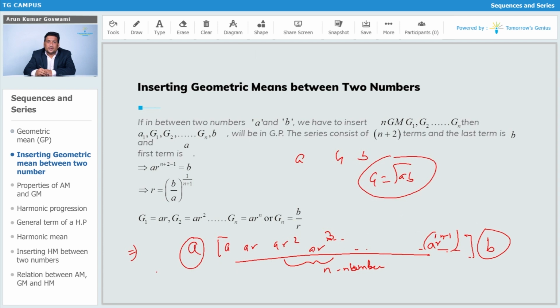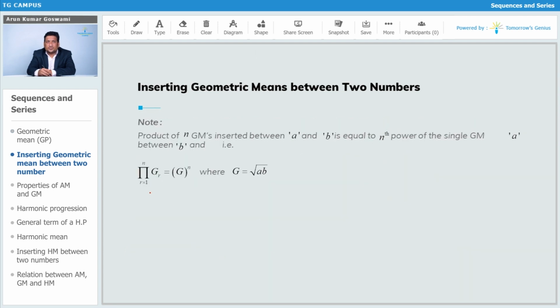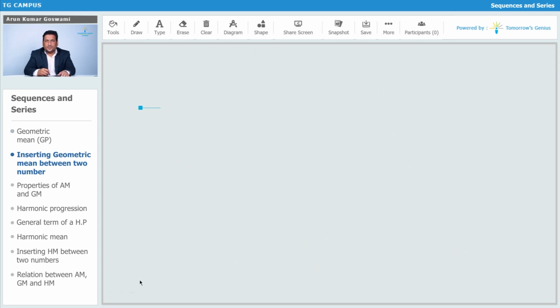So totally how many terms do we have? n plus 2 terms. Now since we have a total of n plus 2 terms, what will be the last term?